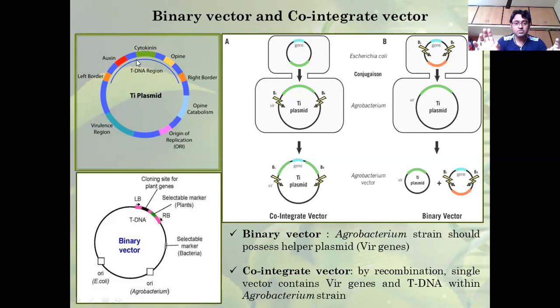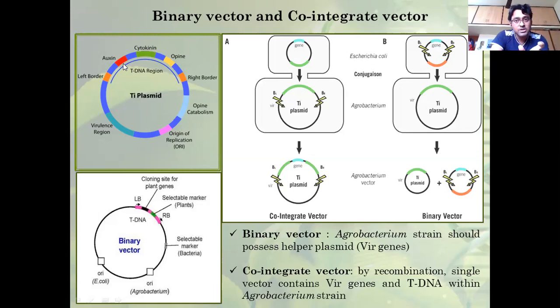What scientists did was remove the auxin and cytokinin genes from this Ti plasmid. Once removed, this plasmid is called a disarmed plasmid, a disarmed vector. Armed has the cytokinin and auxin genes; in disarmed, they are removed. Now, once removed, we can incorporate our gene, our expression cassette, in place of the auxin biosynthesis gene.